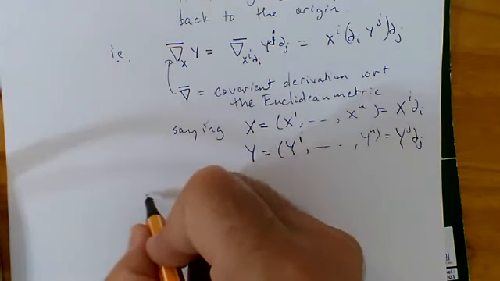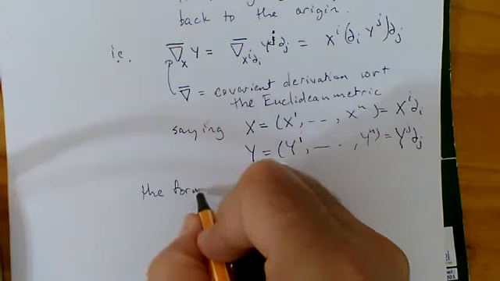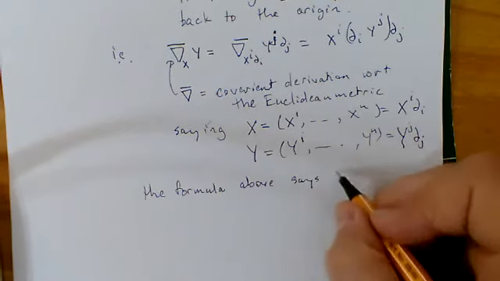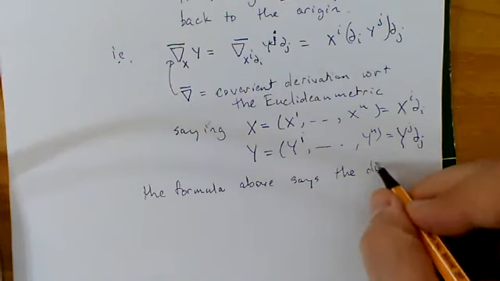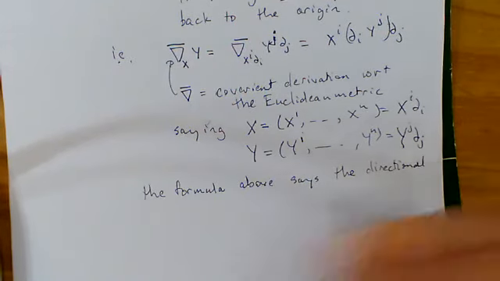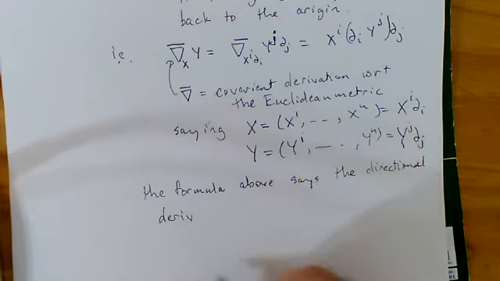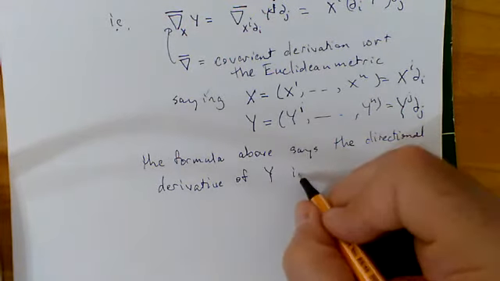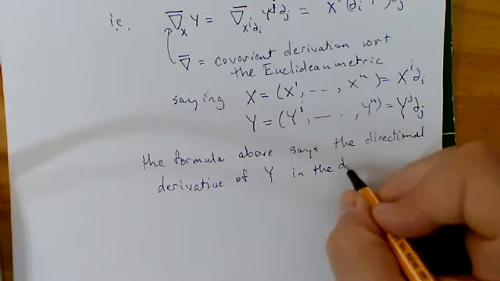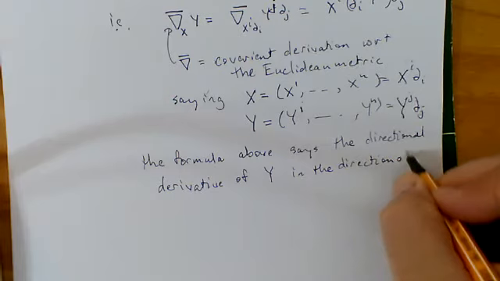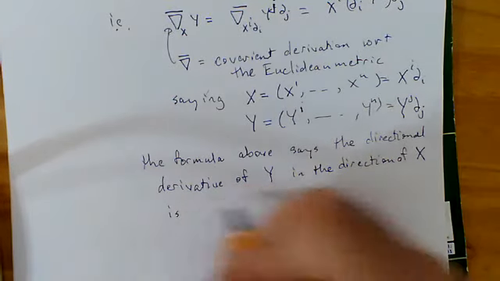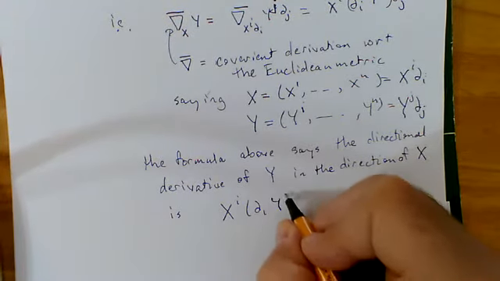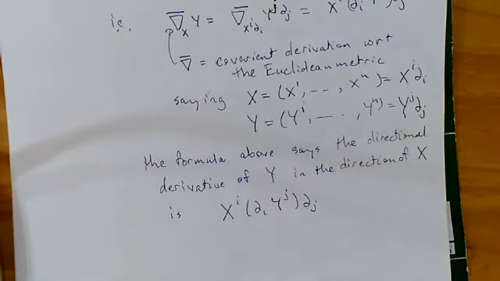So what I'm saying here is that the formula above says that the directional derivative of the vector field Y in the direction of X is this sum. It looks like this.